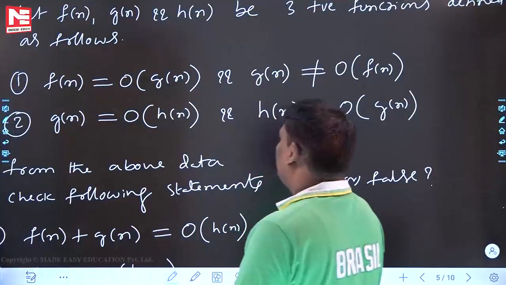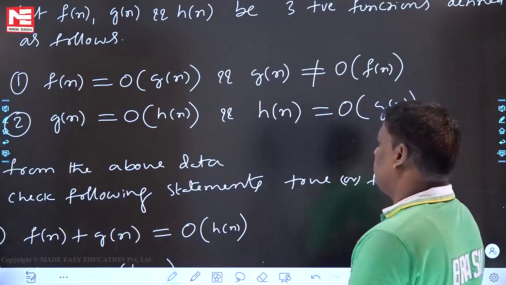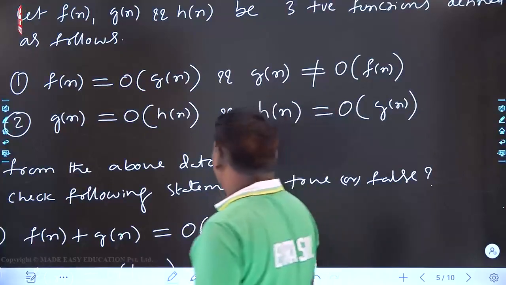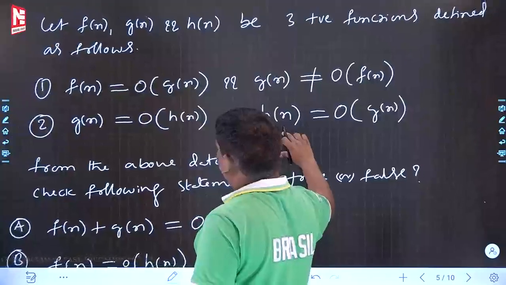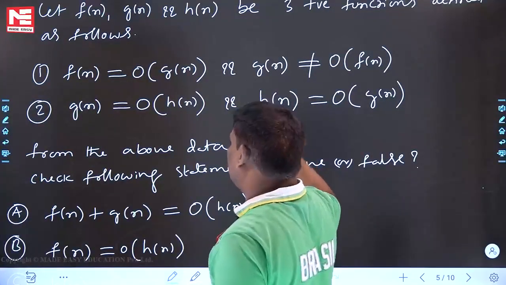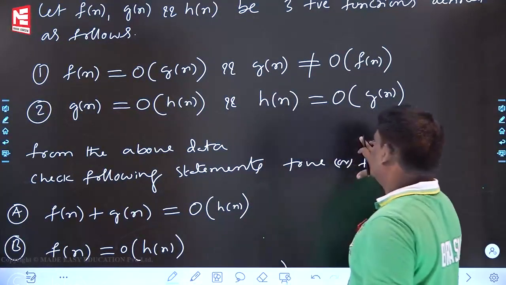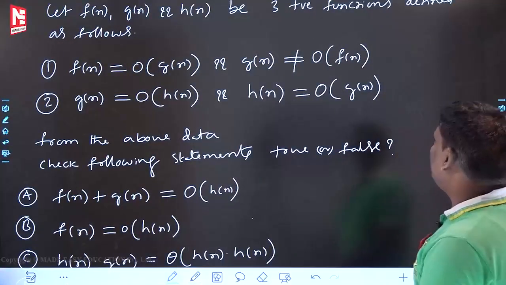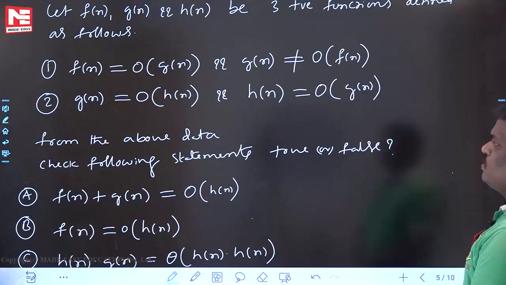The basics required for this problem, the properties of asymptotic notation, we have already done. Now read it, you may get more clarity. That is the reason I started this problem after those basics were over. Check this: let f of n, g of n and h of n be three positive functions defined as follows.